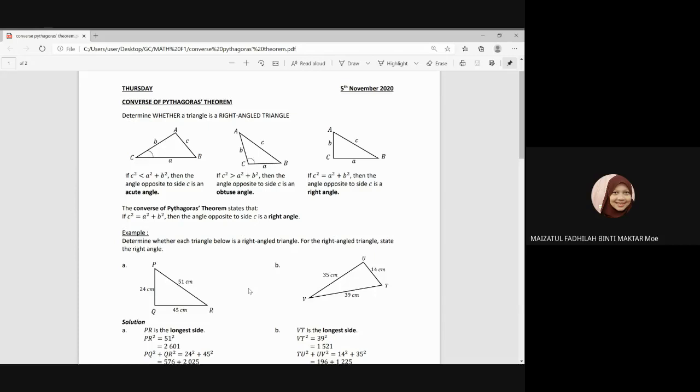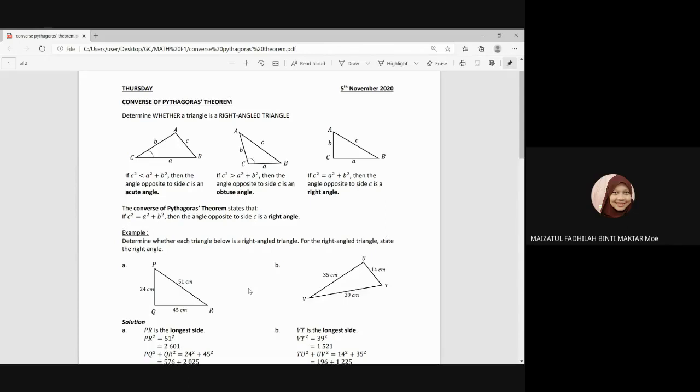If the diagram has the measurement of the length, you just see which side is the longest. We can assume the longest side is the hypotenuse. If not, sometimes you need to check whether the triangle is a right angle triangle.